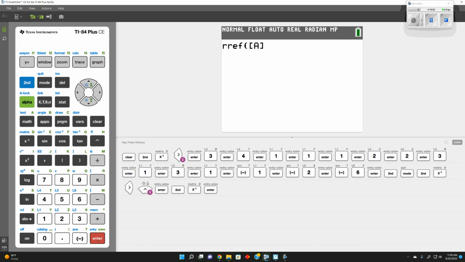Hit enter again. So everybody got the same matrix here, yes? That's your solution. That is the solution for that system of equations.